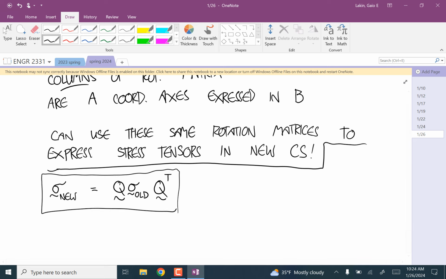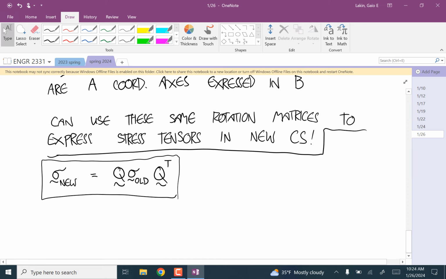Okay, so loosely thinking, why do you need two of these? To represent a vector in a new coordinate system, you only had to multiply by a single rotation matrix. You can think of this as one rotation matrix rotates the faces of the stress cube.